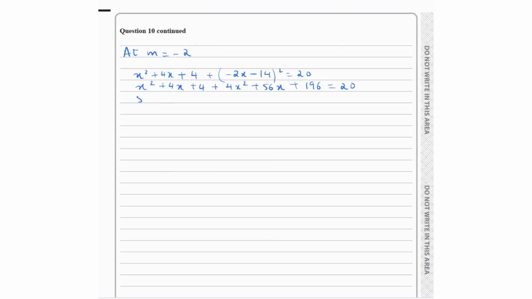Collect the like terms. 5x squared plus 60x plus 180 equals 0.